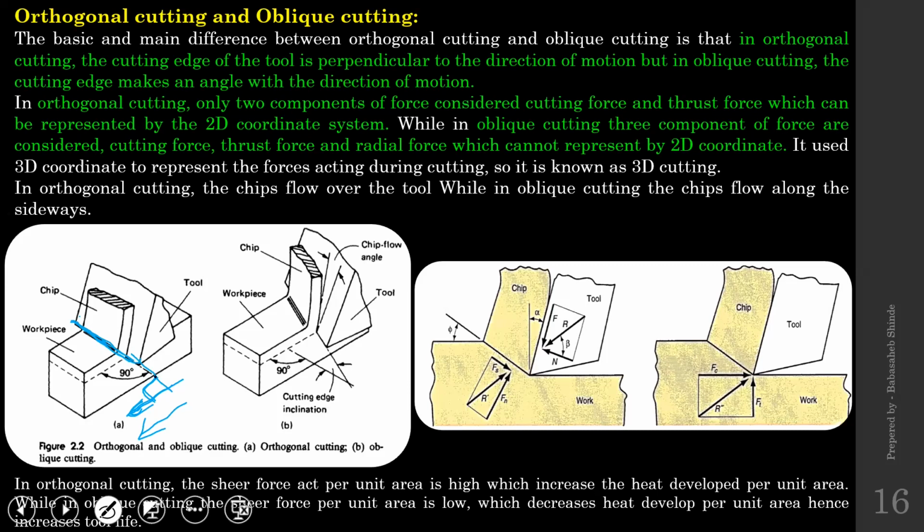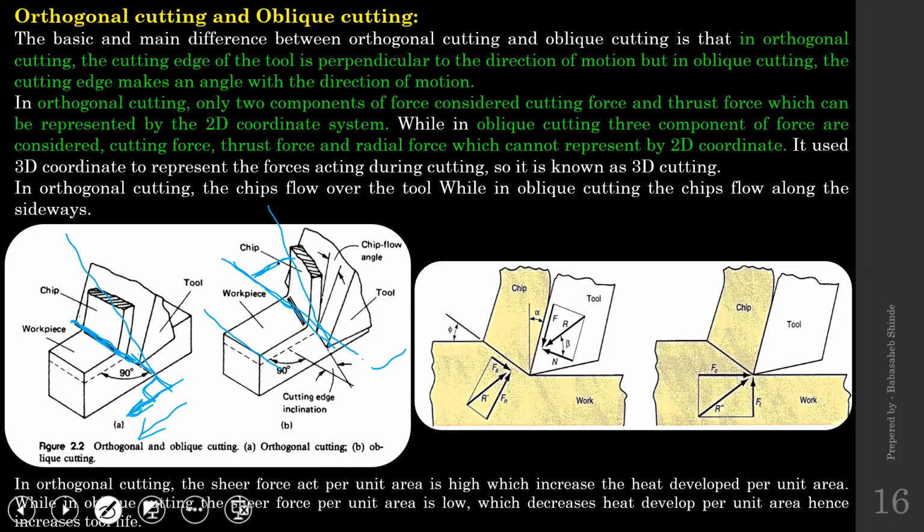Whereas in case of oblique cutting, the cutting edge, instead of being at a right angle to the direction of motion, is tilted slightly. So that's what you observe over here. If I draw a line like this, these two are parallel to each other, and the cutting edge is making some angle with it.